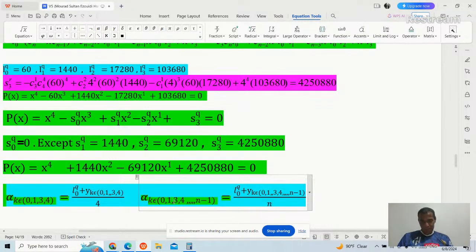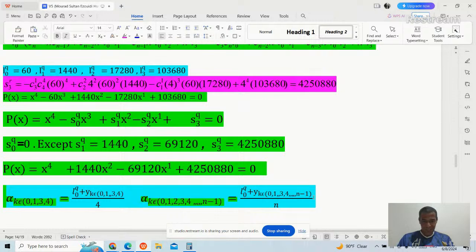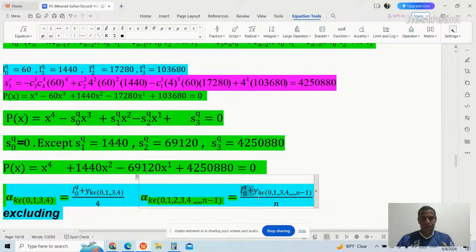I will see when exactly the exponent 2k plus 1 should be equal to n, meaning that I will exclude it.